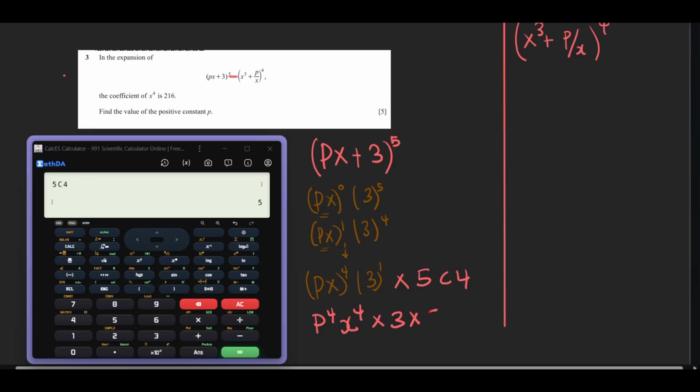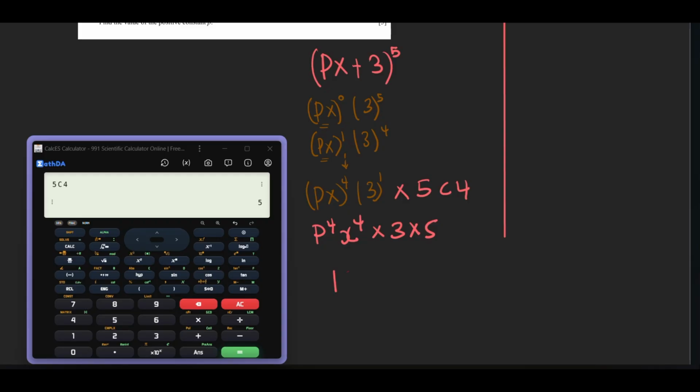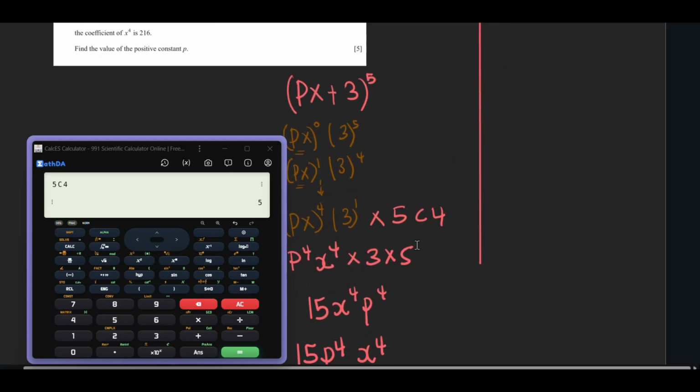So this is going to be times 5. So you can see the whole first chunk can only give you 15 x to the power 4 p to the power 4. So the coefficient here will be 15p to the power 4, x to the power 4. This is what you call the coefficient.